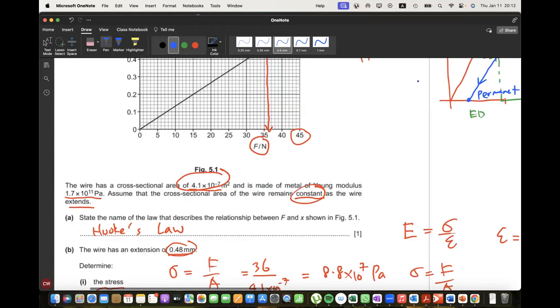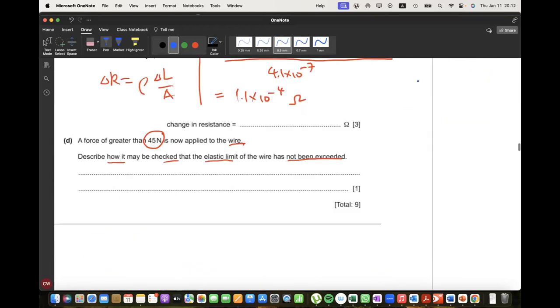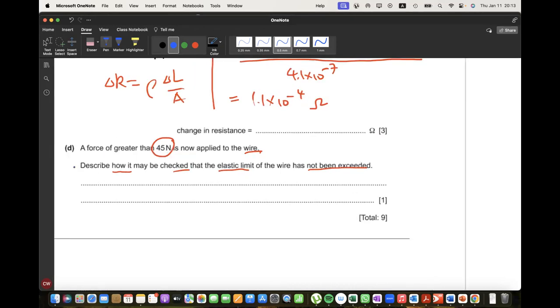So how do we check? That means if you remove the force, if you can go back to original length, what does it mean? Yes. If you cannot go back, then it's plastic already. So remove the force, and check. Okay. And wire return to original length.